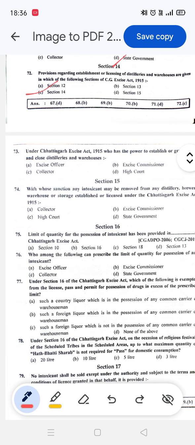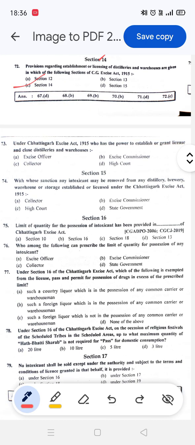Under the Chhattisgarh Excise Act, who has the power to establish or grant license under closed distilleries and warehouses? It is given under section 15. The power is given to the excise commissioner.